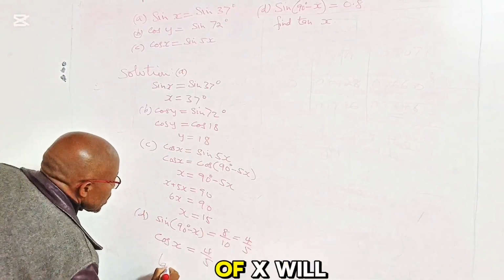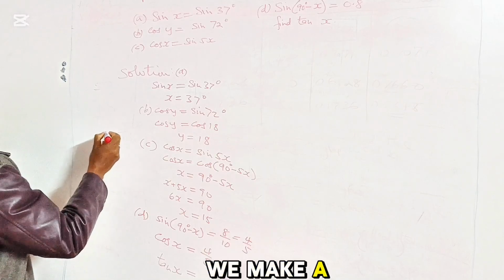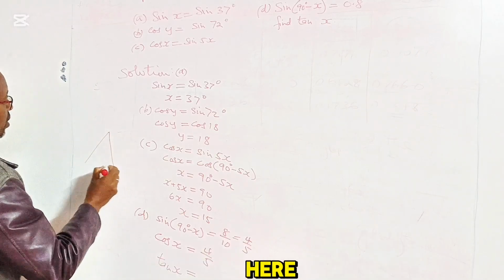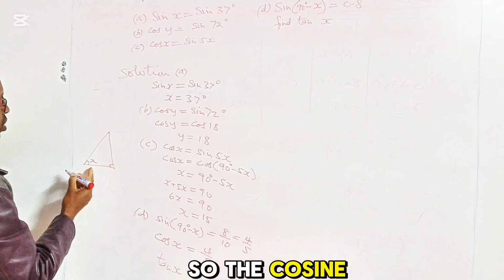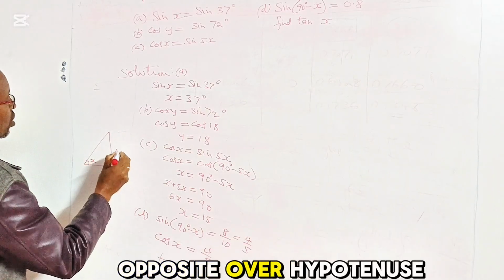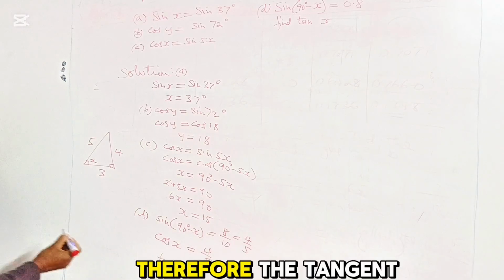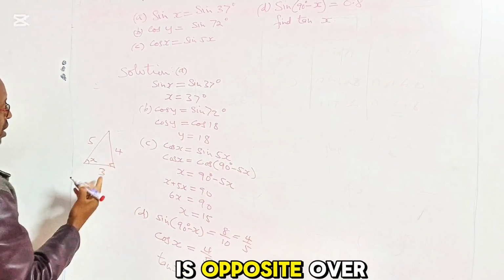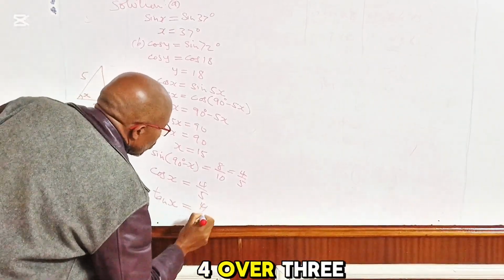So the tangent of x will be given by, we make a sketch of a right angle triangle here. So if this angle is x, the cosine of x is adjacent over hypotenuse. So the adjacent is 4 and the opposite is 3. Therefore, the tangent is opposite over adjacent. So it is 3 over 4.